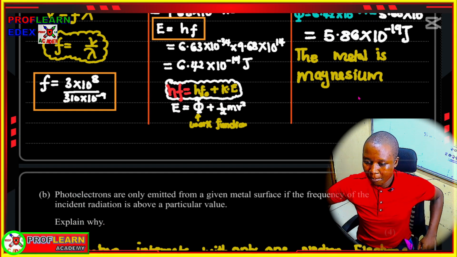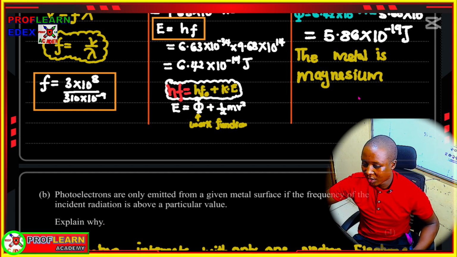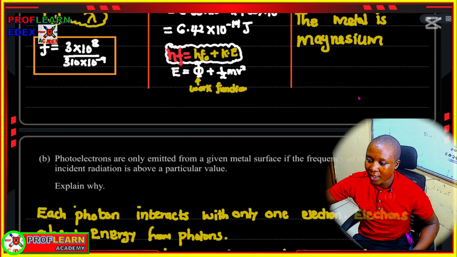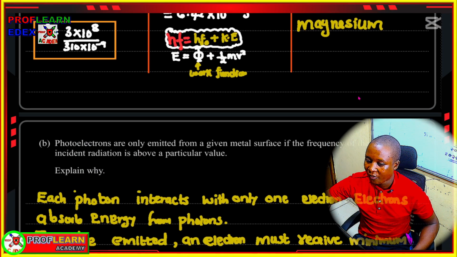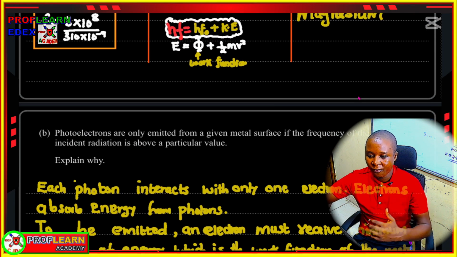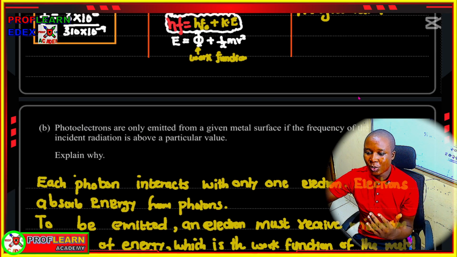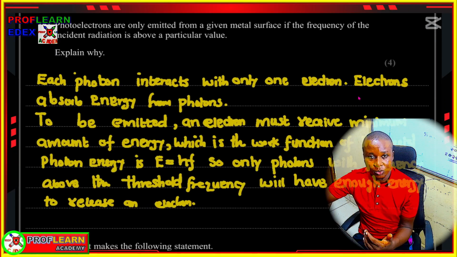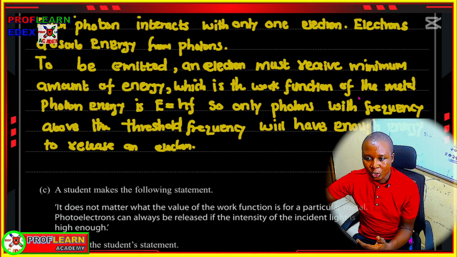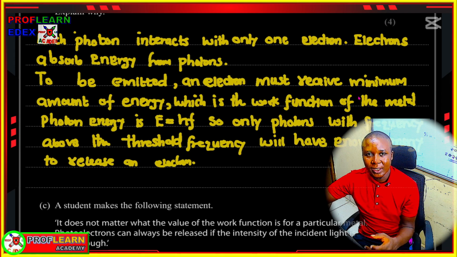The last bit of the question that was asked there: photoelectrons are only emitted from a given metal surface if the frequency of incident radiation is above a particular value. That's why I talked about the threshold frequency. Yeah, so not every radiation can dislodge an electron from a metal surface.